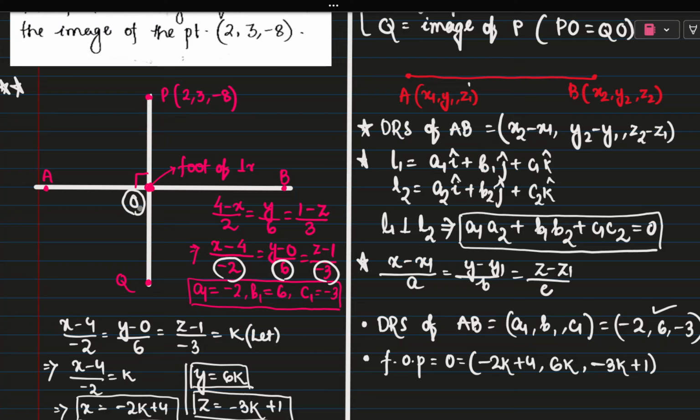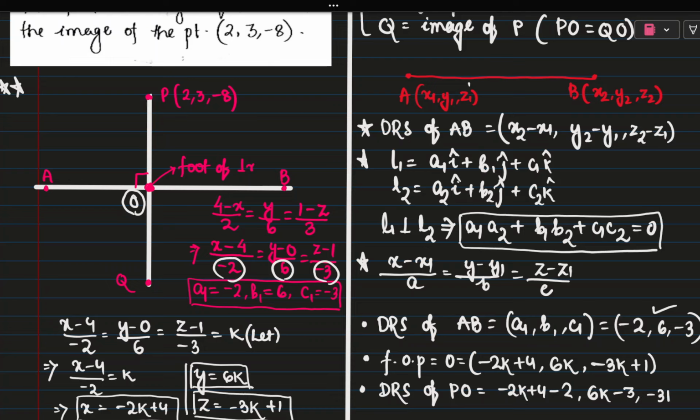Once you have the foot of the perpendicular O in terms of k, and you already have P, then by using the formula x2 minus x1, y2 minus y1, and z2 minus z1, I can find the DRS of PO. That is minus 2k plus 4 minus the x coordinate, that is 2. Second, 6k minus the y coordinate, that is 3.